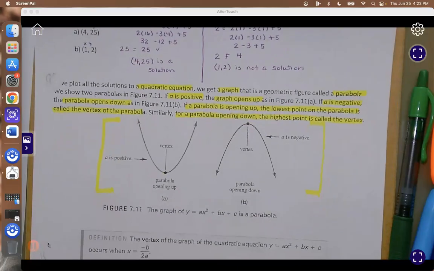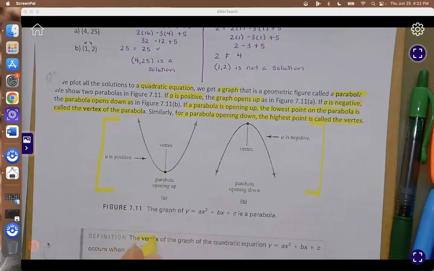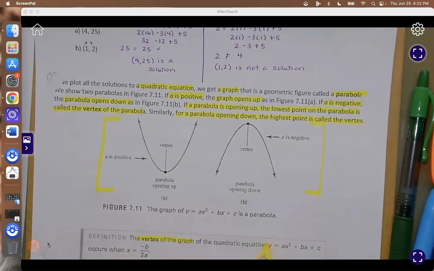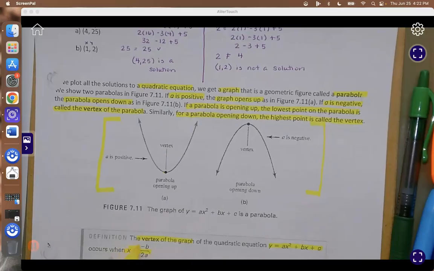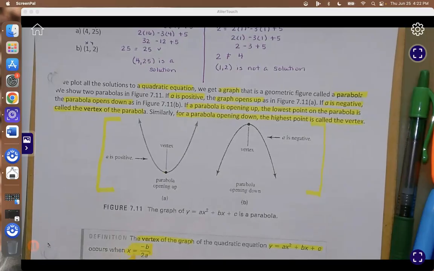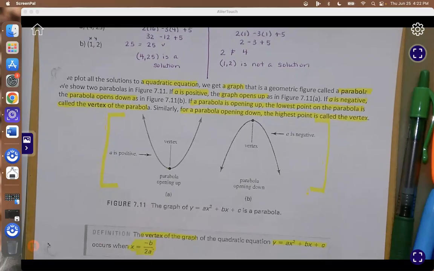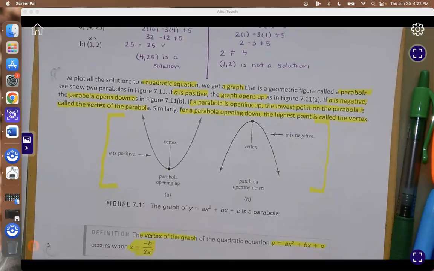Now, to find the vertex of the graph from this equation, you use this formula first. You do the opposite of what the b is divided by 2a, and that's your x value.